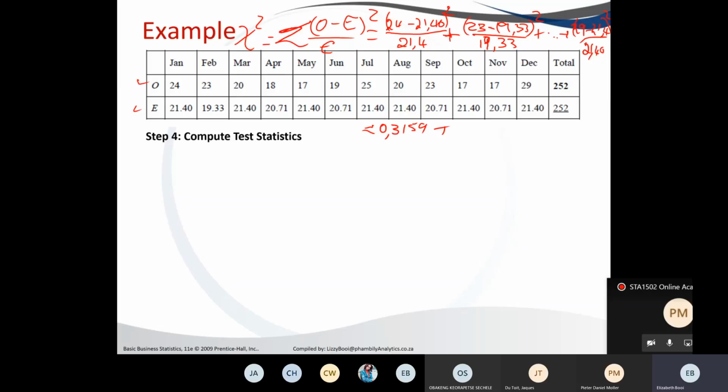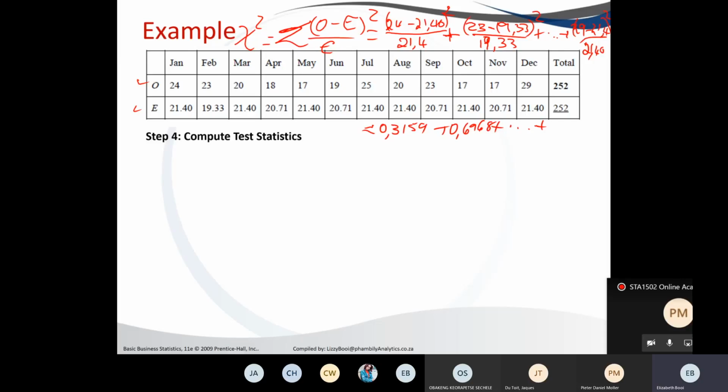And you do the same with the next one, which is 23 minus 19.33 equals, squared, it gives you 13.47, and you divide that by 19.33, and we get the answer of 0.66968, plus.